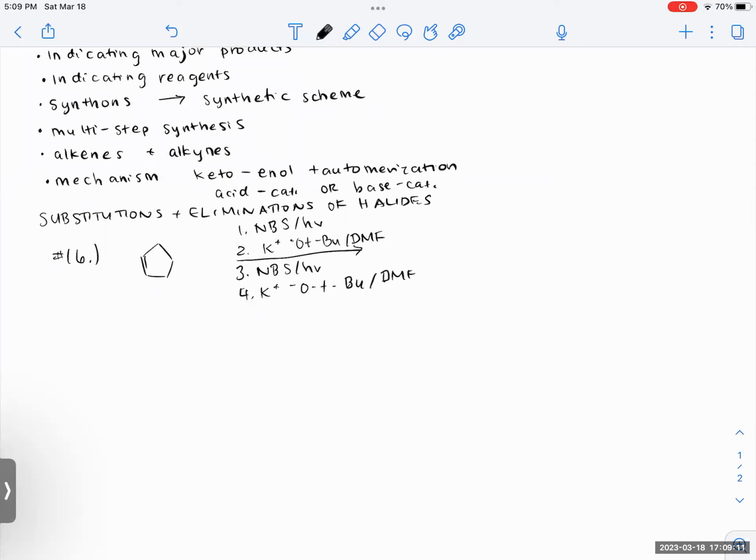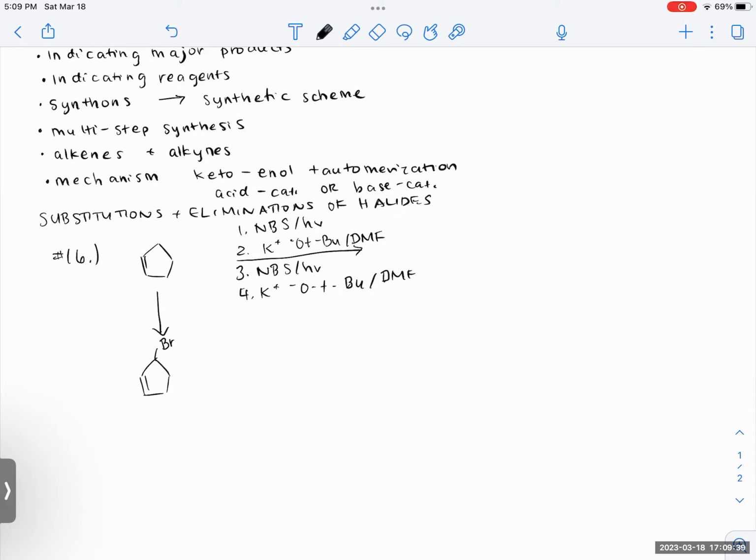So our first step is NBS and light. What happens when we use NBS and light? We add a bromine and we don't mess with the double bond. Right. So where does the bromine get added? The top, I guess. Yep. So we call that the allylic position, right?